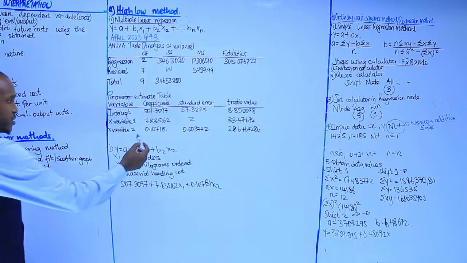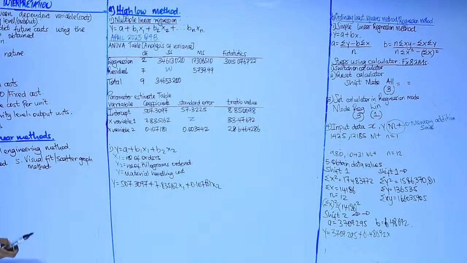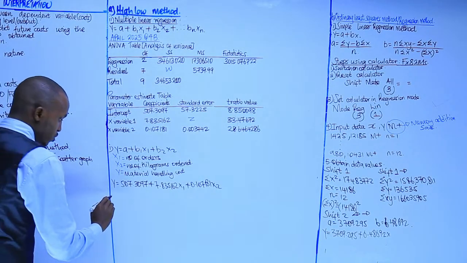So these coefficients here are the ones that give you A, B, and all the B's. All right, that is that. Part 2 of that question.